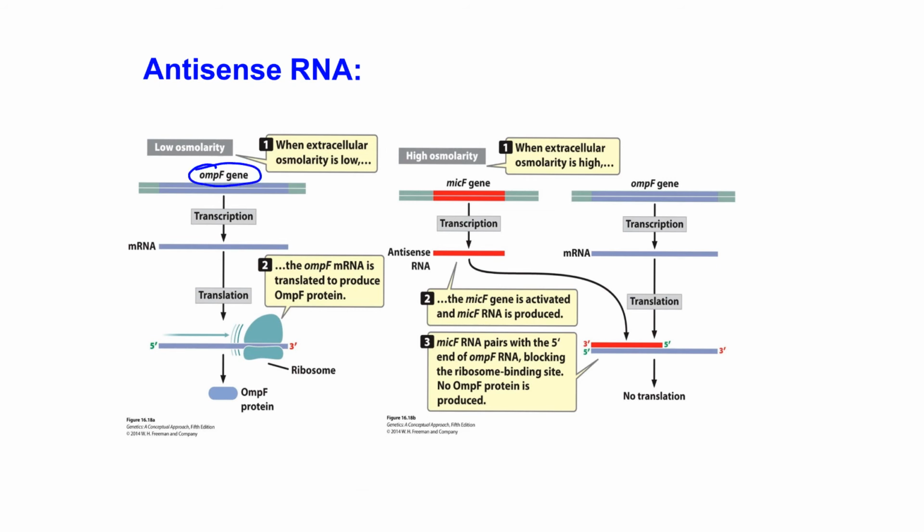Under normal conditions, when extracellular osmolarity is low, the OMPF gene is transcribed and translated and forms this protein, the channel, and allows the transport, the diffusion, of these molecules. However, when extracellular osmolarity increases, this increase triggers transcription of the MICF gene.